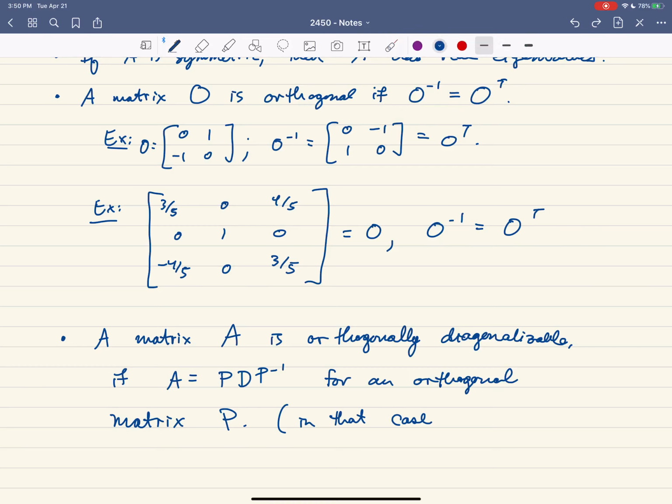So A can be written as P times our diagonal matrix D times P transpose, because the inverse and the transpose are equal.